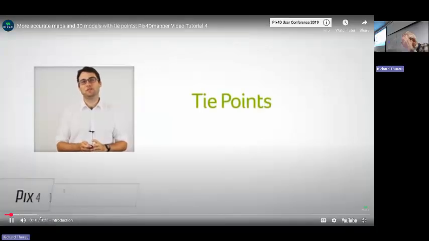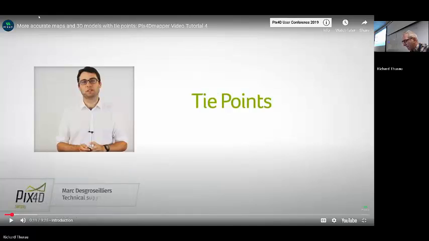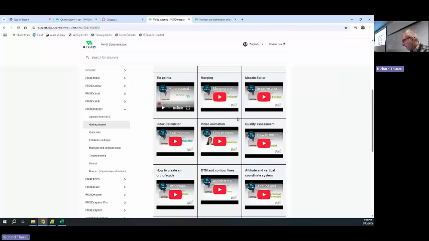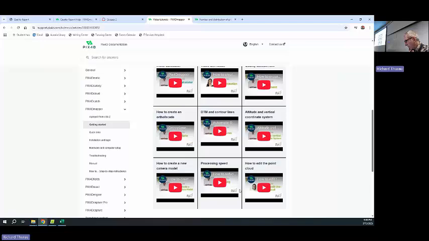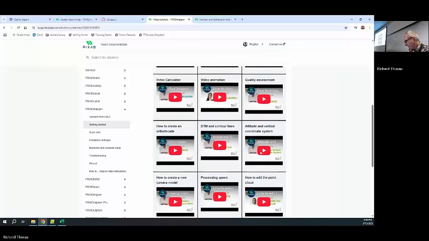I think it's, well, not this one. Because this graphic is helpful, and because I want to just quality assessment, altitude, rate, processing speed.